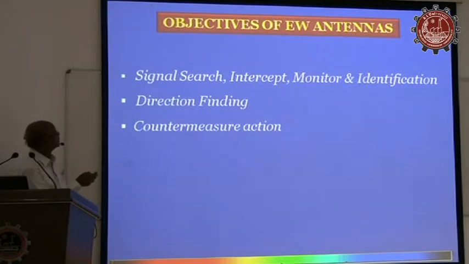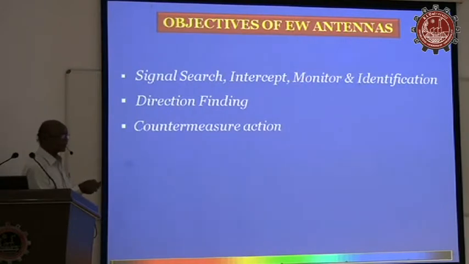So, I already told that the EW antennas are mainly used for signal search, interception, monitoring and identification. To meet this requirement, we need omnidirectional antennas. First, we should know the presence of the signal, or whether a signal is present or not.